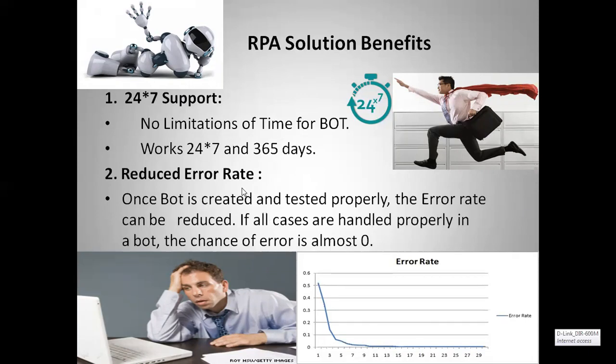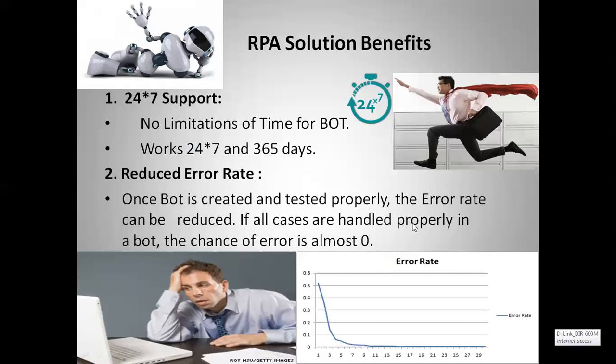So, reduced error rate. As I have just told you, the bot would be tested in different cycles, right? In the test environment, the bot will be tested in a couple of cycles, and once the bot is promoted to UAT, even in the UAT environment the bot will be tested and all the scenarios would be covered.